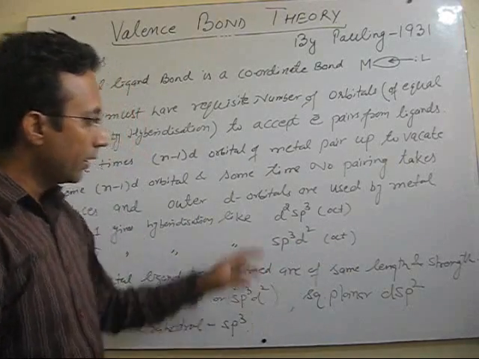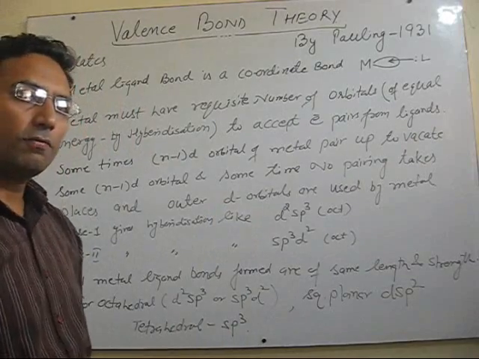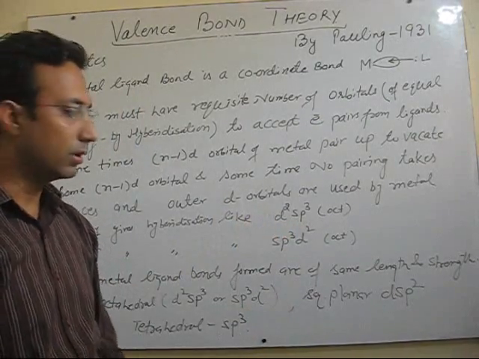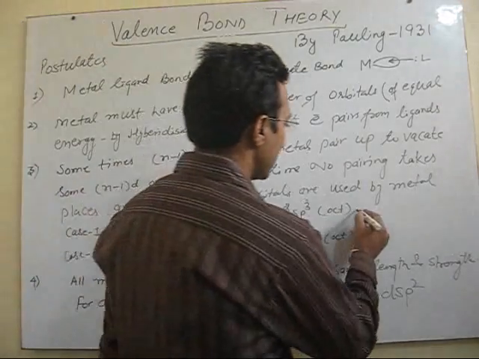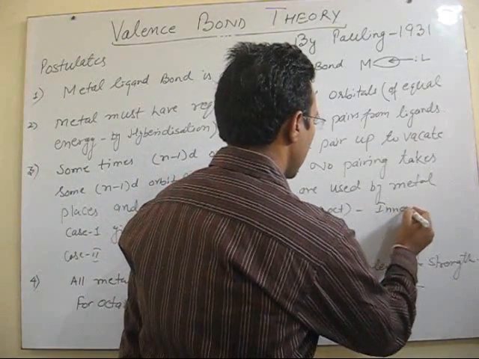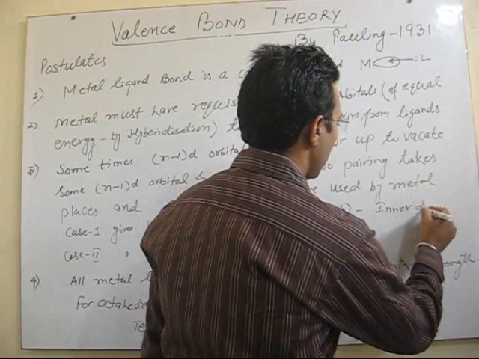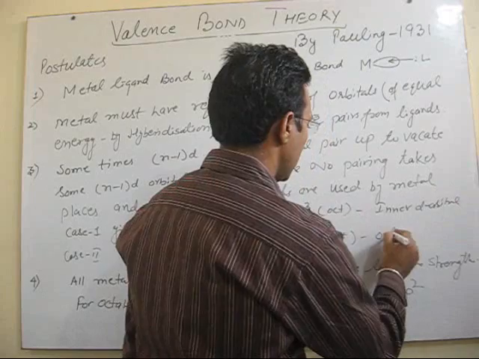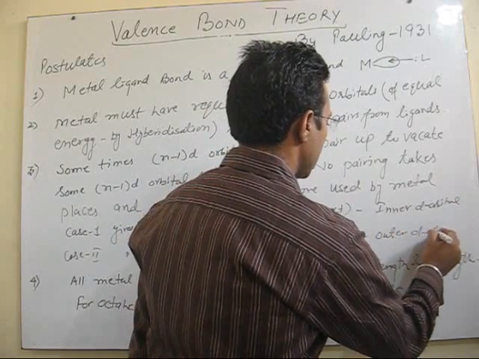Fine. So in both cases the shape will be octahedral, but only the different d orbitals are used, right? In the first case, such complexes are called inner d orbital complexes, and the second case outer d orbital complexes.